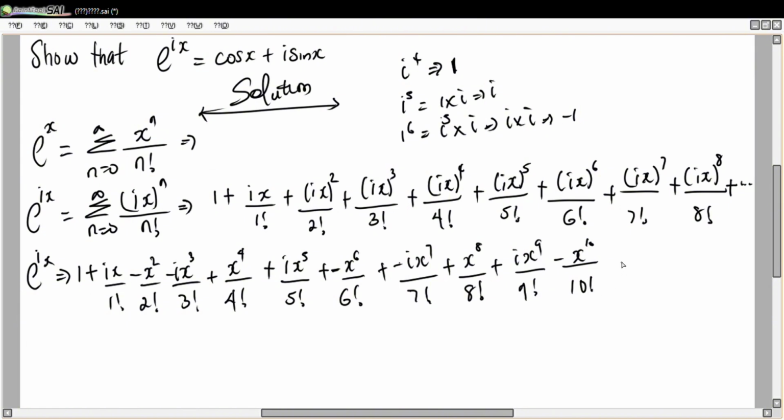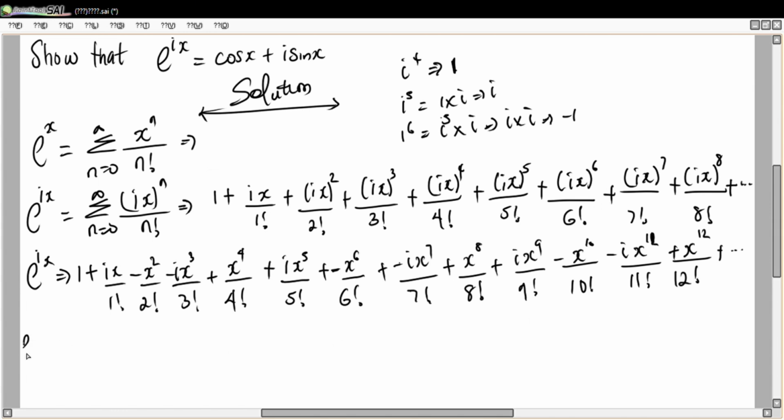The one of 11 should give us minus i x raised to the power 11 over 11 factorial, and the one of 12 should give us plus x raised to the power 12 over 12 factorial plus dot dot dot. You can try to cross-check if I got anyone wrong.